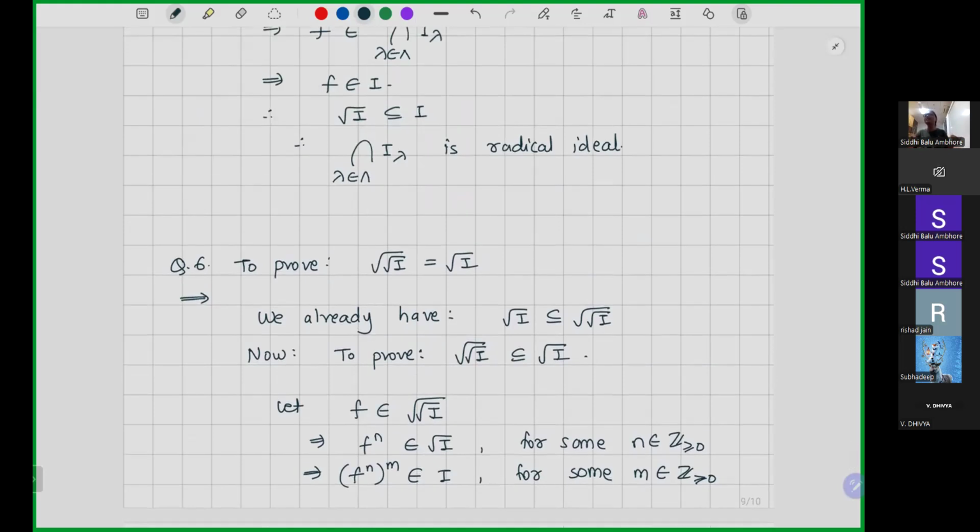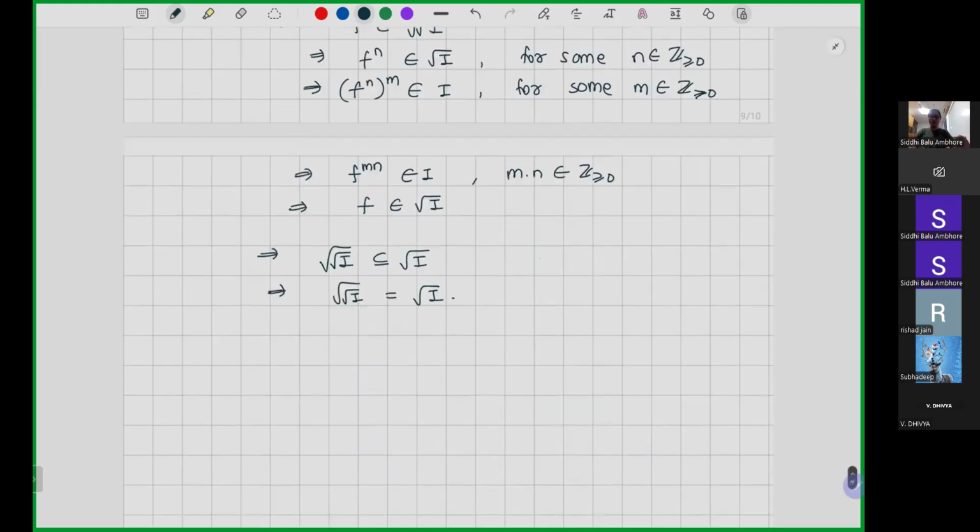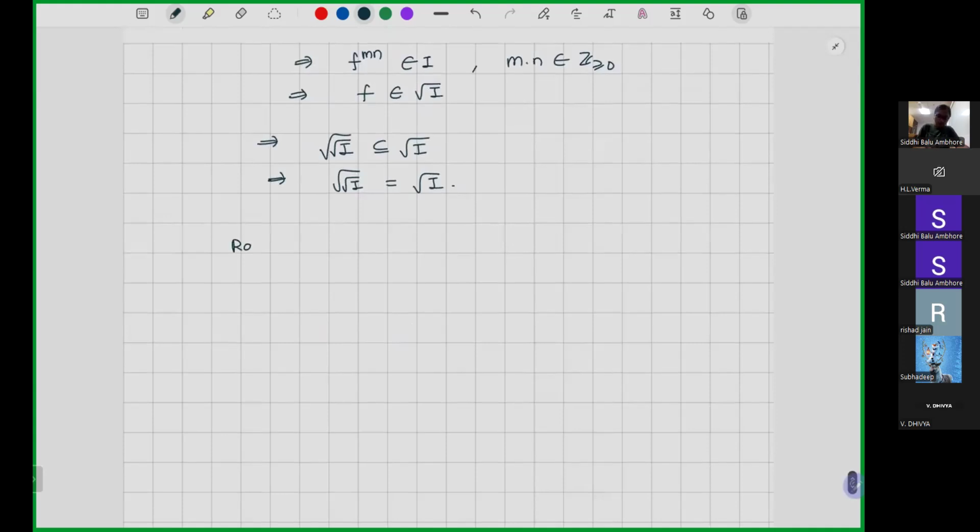So in short, we saw that the radical of an ideal is always a radical ideal.